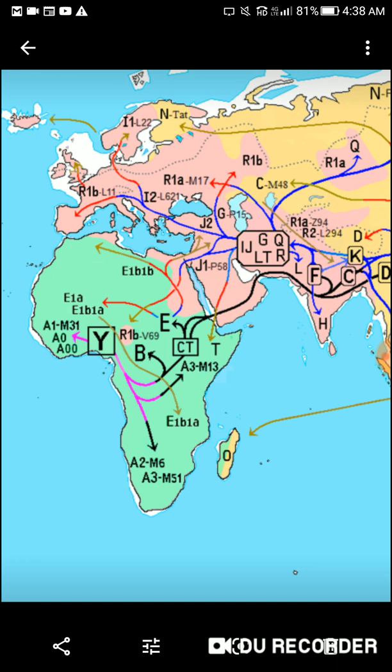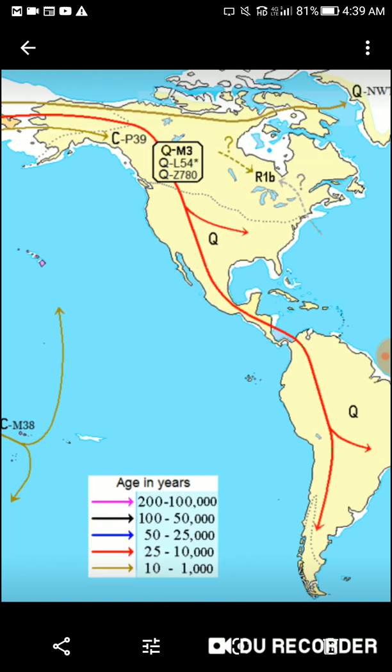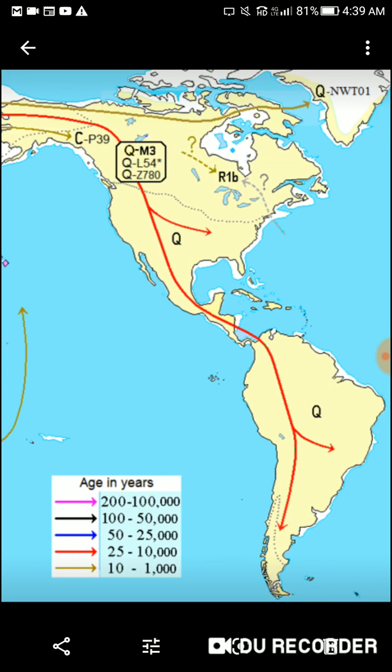So with the Americas, you have the C's, you have the Q, you have the R1B. So all these groups would be your Native American population, but none of these people are related to the Bantu group dealing with the E1B1A.